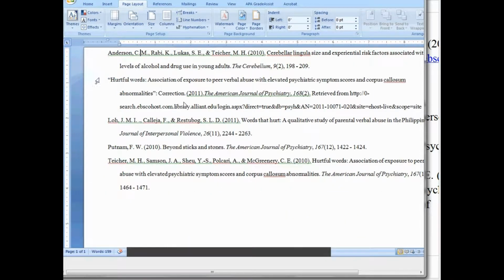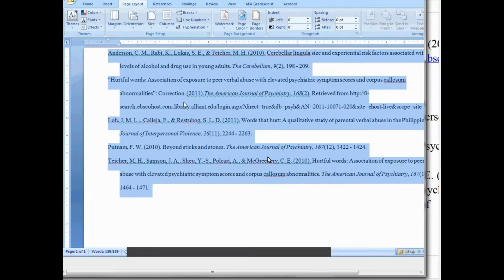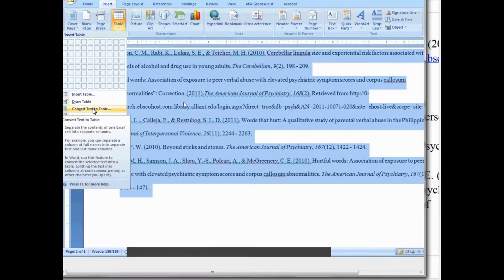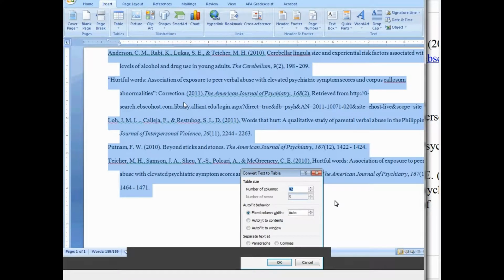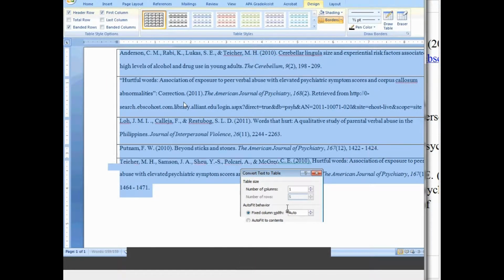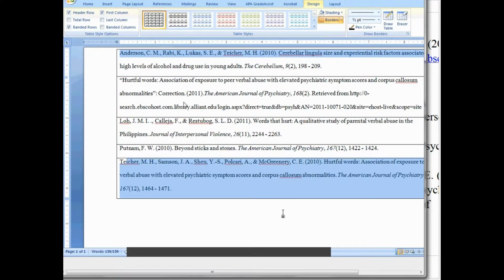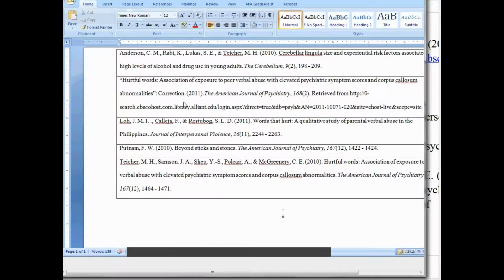I'm going to select all and use the insert table, convert text to table function. I want to do it with paragraph marks. And now each one of our references is one row in the table.